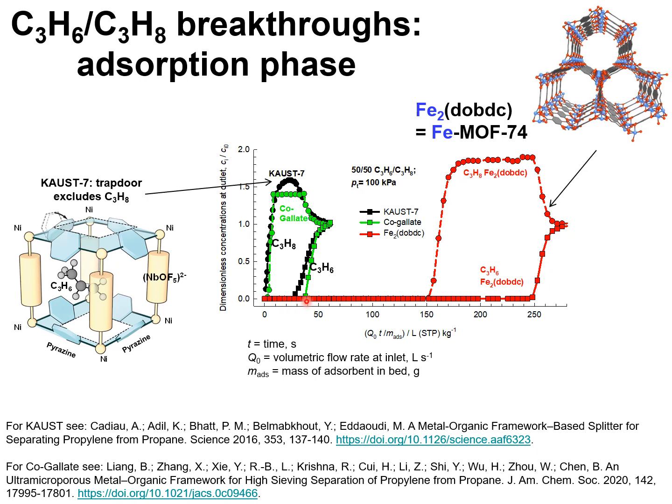But the amount of propylene that is adsorbed is significantly lower, by about a factor of 5, than the uptake capacity of MOF74. So let us examine the important differences between the productivity and the purities obtained with these two different classes of adsorbents.